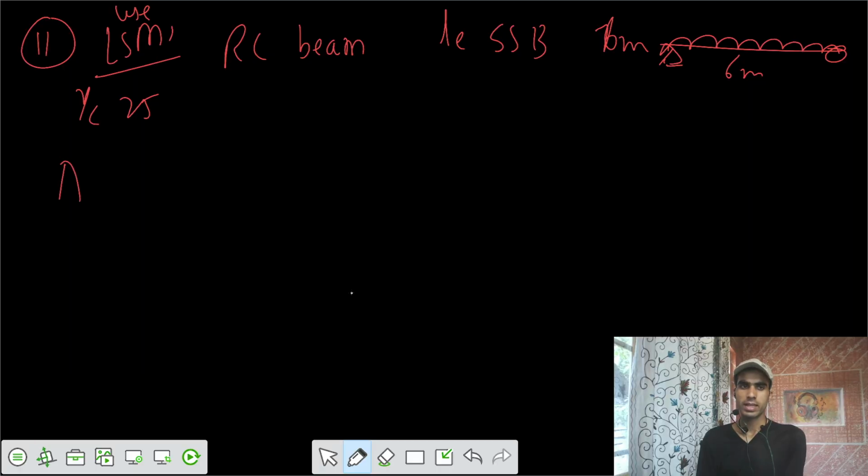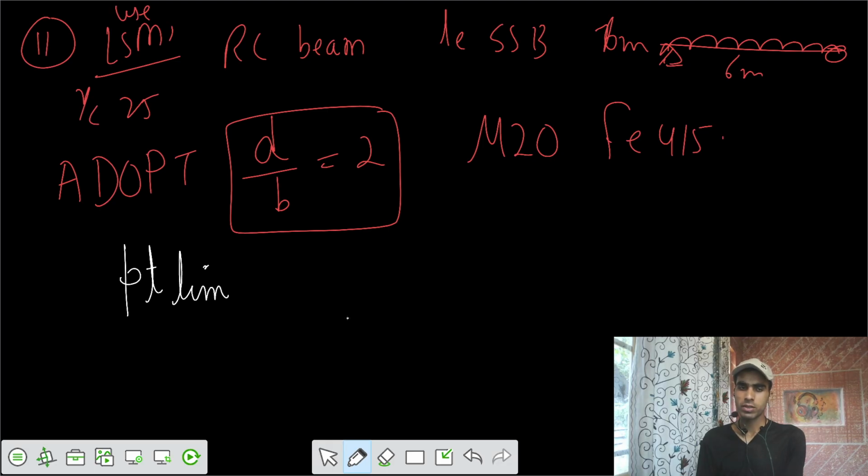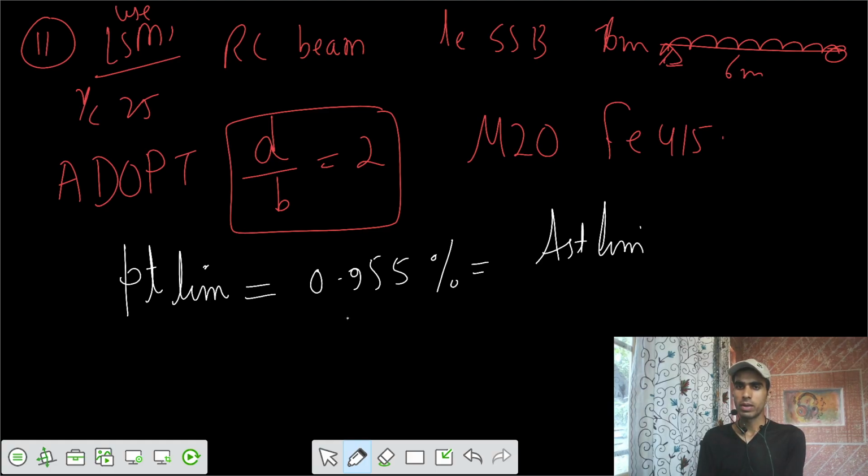It says you have to adopt D by B equal to 2, and for given materials we have M20 and Fe 415. One more condition is PT limiting, the limiting tensile percentage of steel, equal to 0.955 percent, which equals AST limiting divided by small bd into 100.